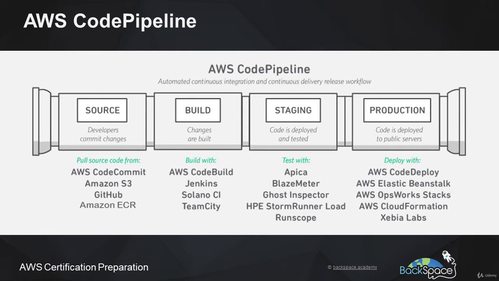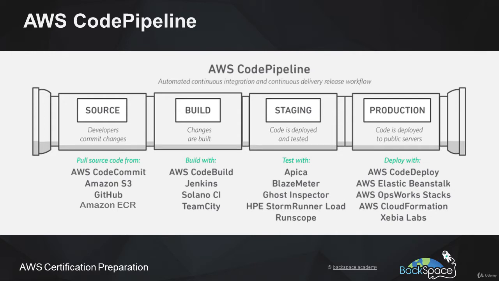It could be in an Amazon S3 bucket, or it could also be a Docker image in the Elastic Container Registry as well. Once we've done that, we can build our application using AWS CodeBuild or a number of other different build environments. Once our application has been built, we can then test it, and we can use a number of different environments to do that as well.